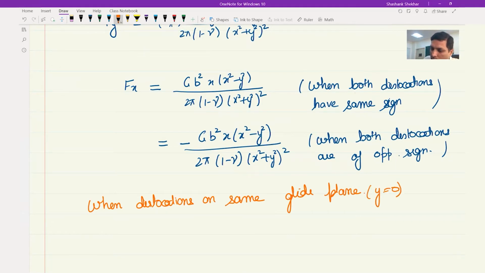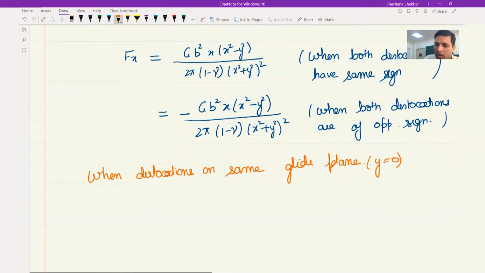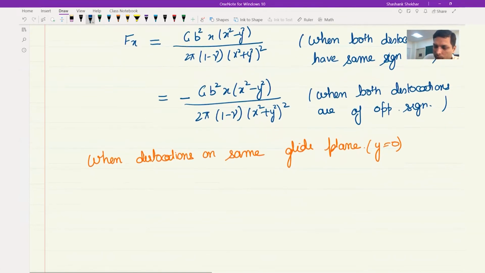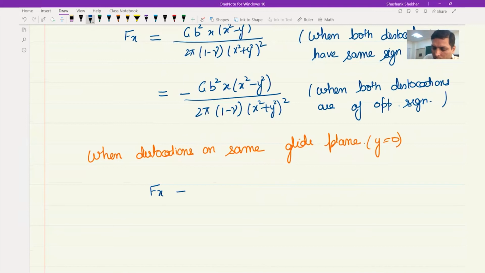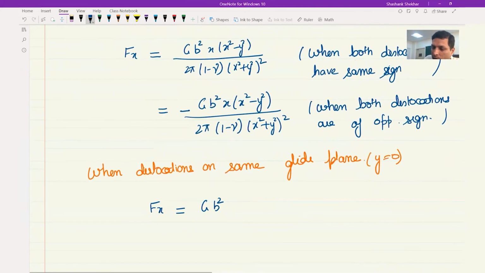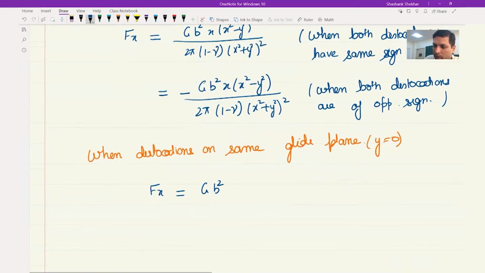If you put y equal to 0 in all this, what we get is Fx is equal to Gb square, and this one will become x cube, and this will be x to the power 4. So this will get cancelled, and there will be only x remaining in the denominator. So it will become 2 pi (1 minus nu) into x.